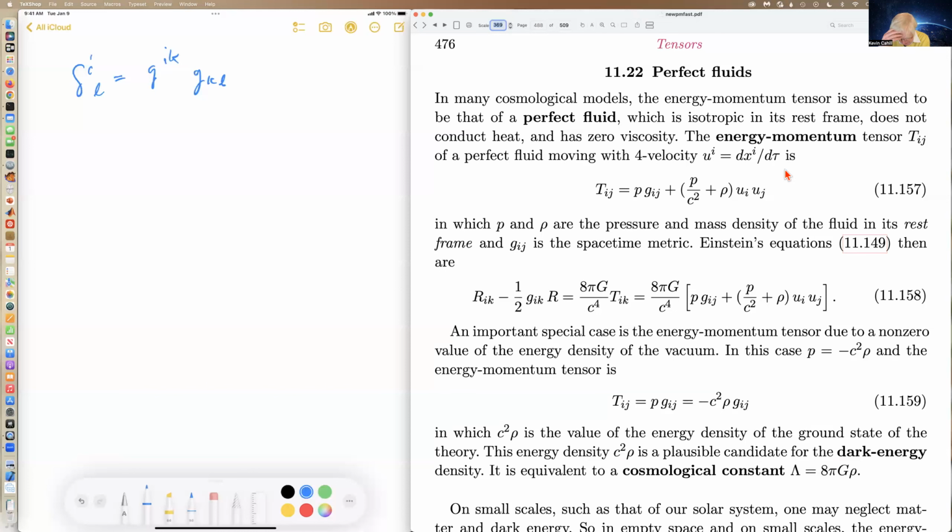In fact, I wonder why the concept of zero viscosity is appropriate, because although you can imagine that stars far away aren't affecting each other very much, they do have gravitational fields and they drag each other.